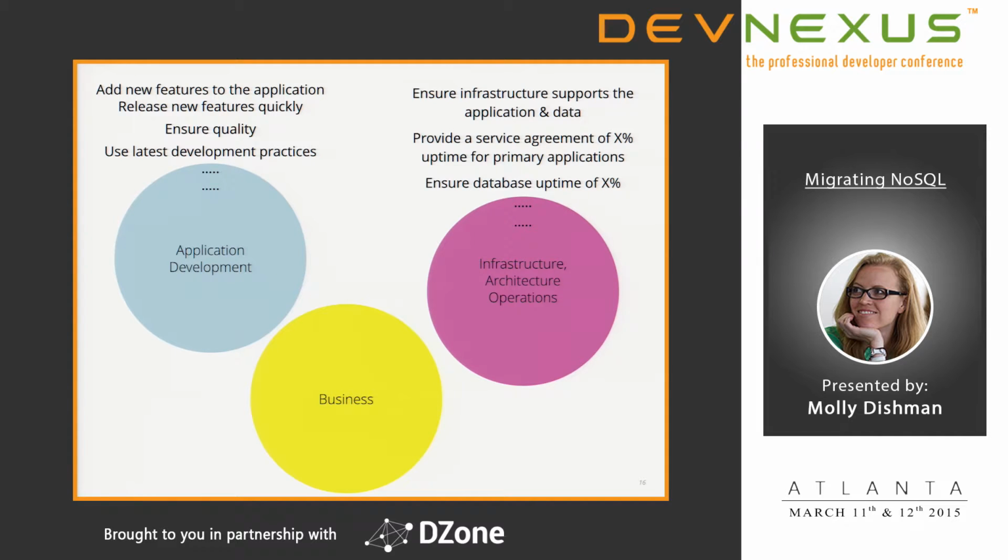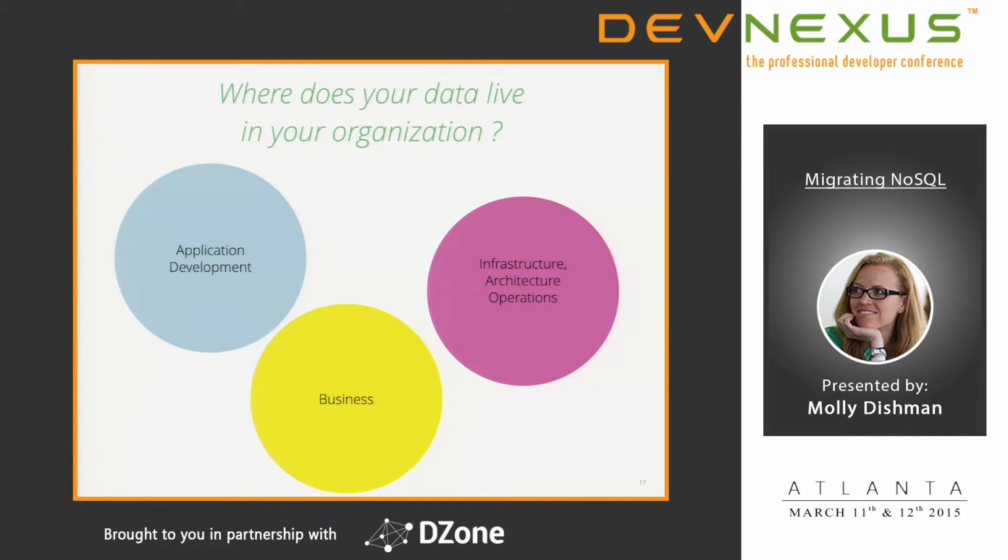The other thing to think about between some of these different groups is where does the responsibility for data live? So if you have application teams developing features, they understand what's changing about data. You have business people that understand what data is important, what data is valuable to understand about our customers.